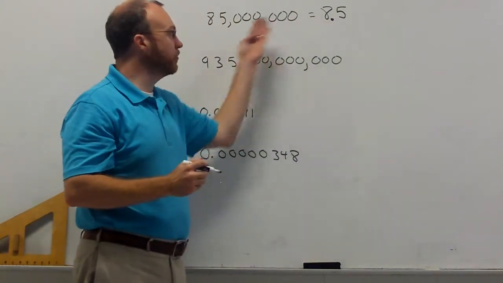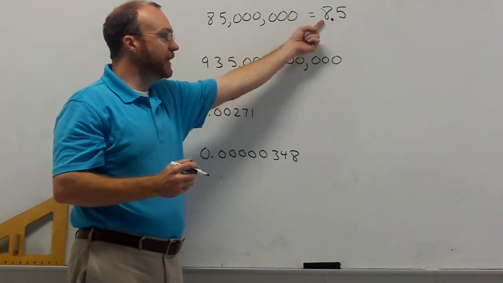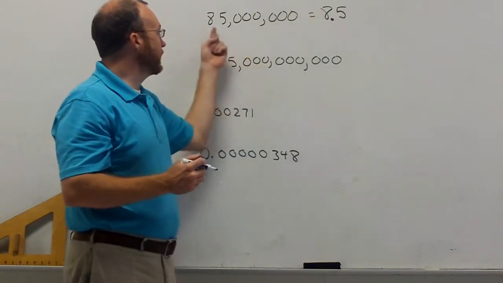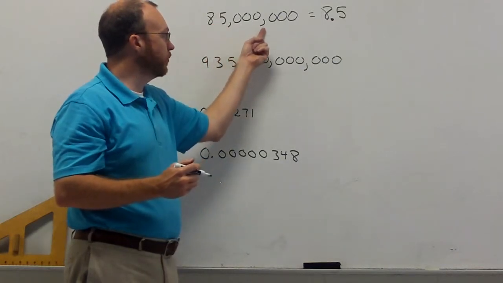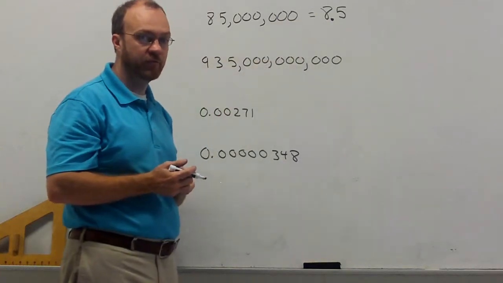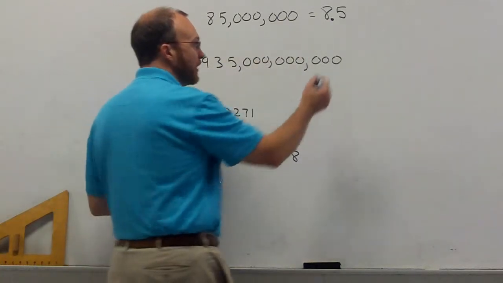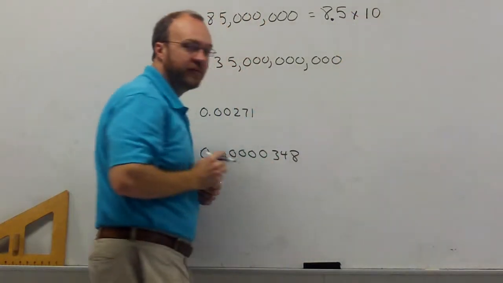However, we want these two things to be equal. So to make this equal, we need to make it bigger. And we need to make it bigger by 1, 2, 3, 4, 5, 6, 7 place values. The way we can make it bigger by 7 place values is by multiplying it by powers of 10.